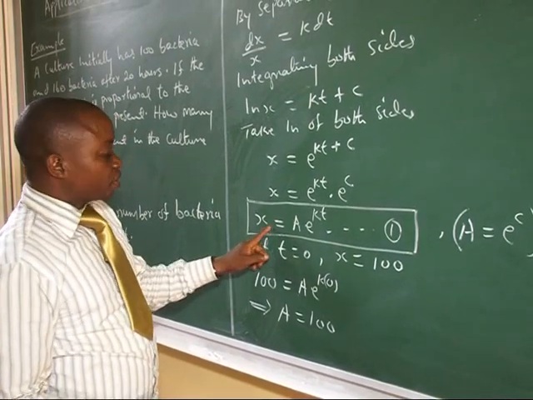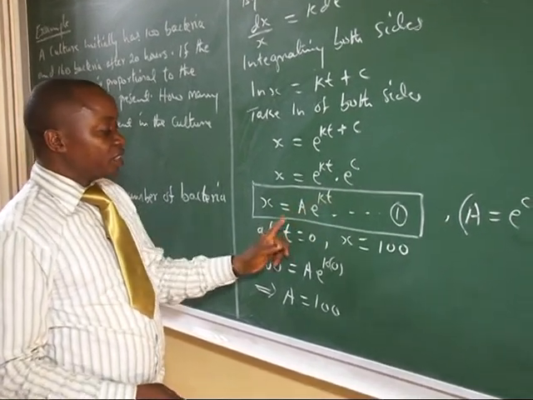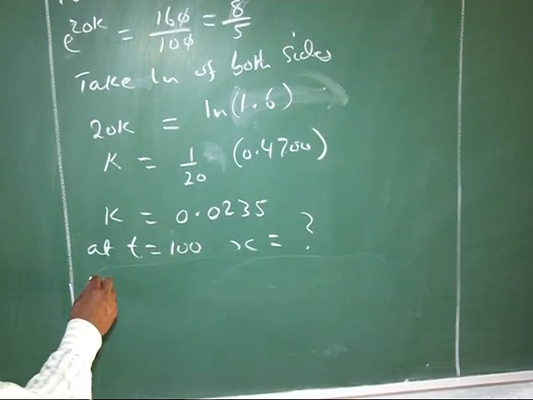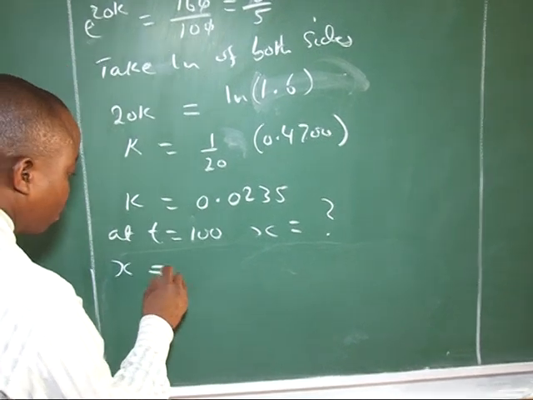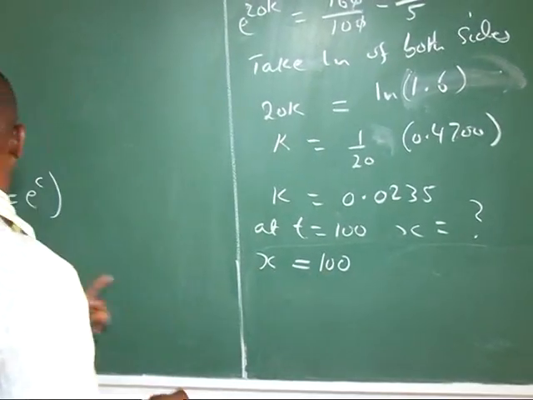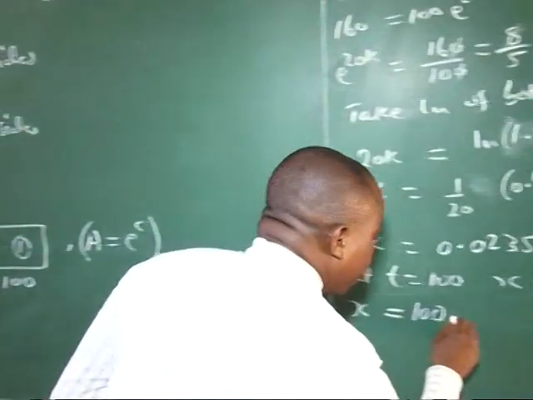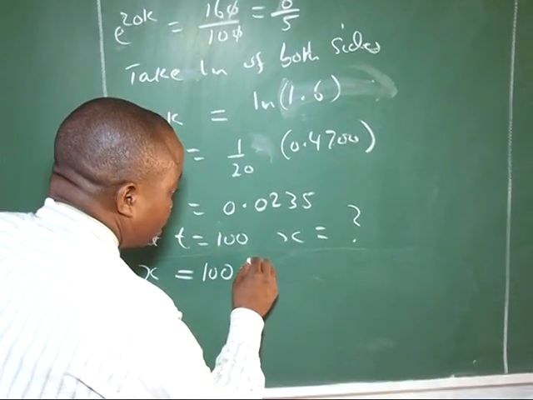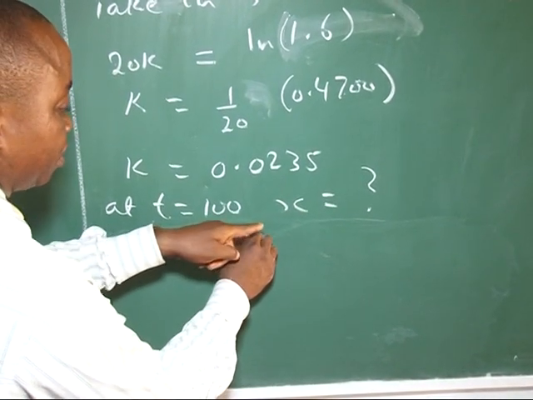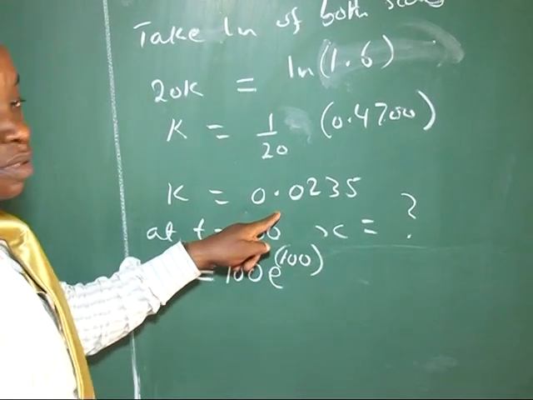Now that we have A, we have k, we have t, so we can find x easily. So x is equal to 100 for the value of A, exponential kt.